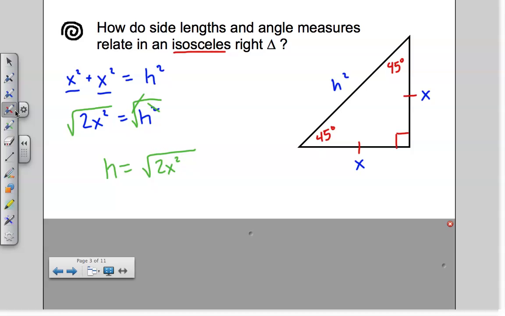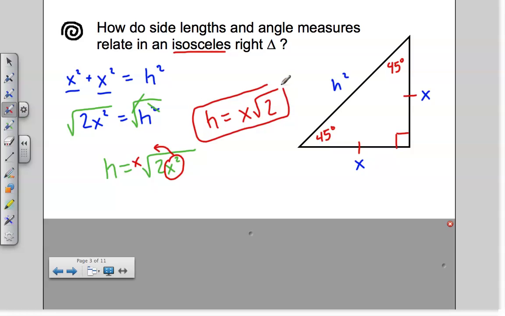Now, if you remember simplifying square roots, if we can take the square root of either of these things being multiplied in here, then we can take that out. Well, I don't know the square root of 2. It's an irrational, non-perfect square there, but I do know the square root of x squared. The square root of x squared is x. So it looks like the hypotenuse is actually x outside of the square root times the square root of just 2 inside.